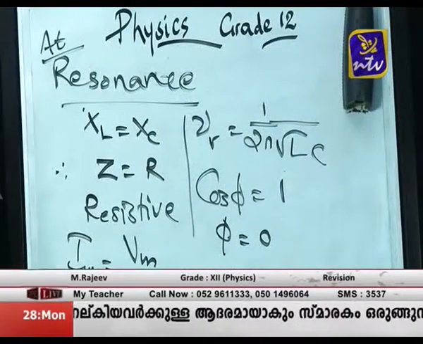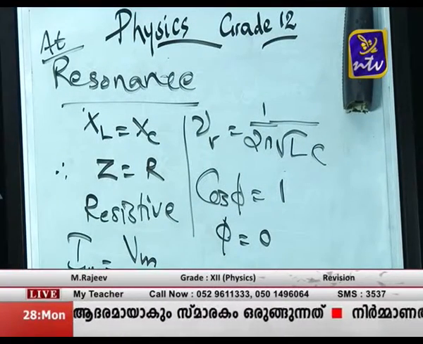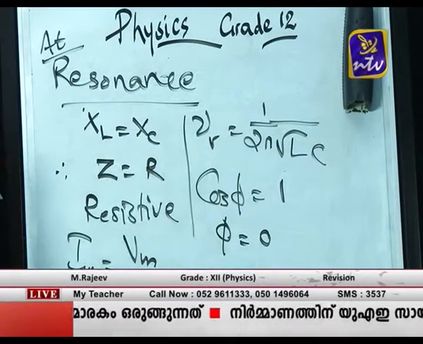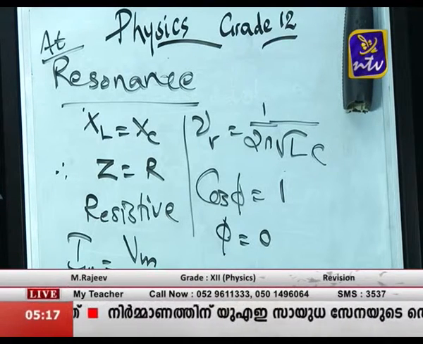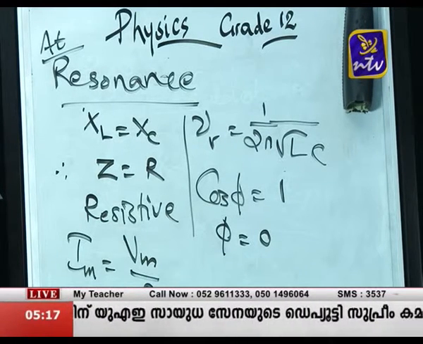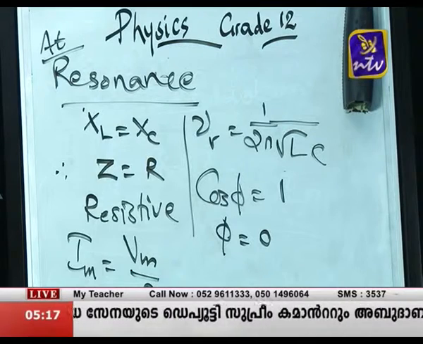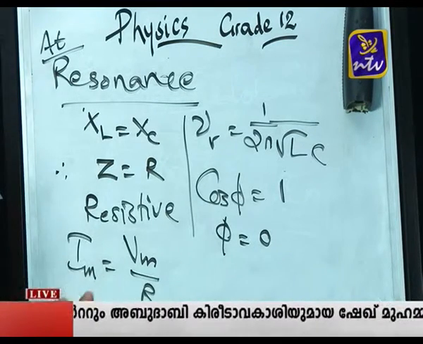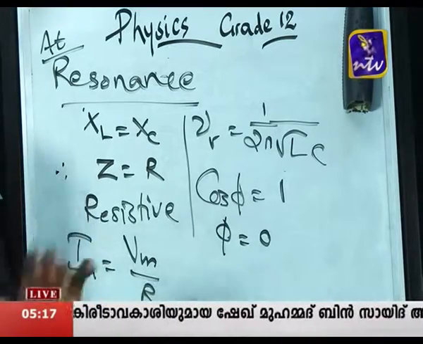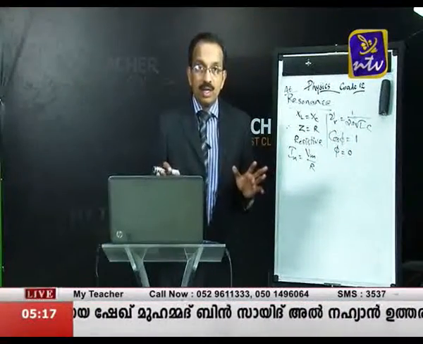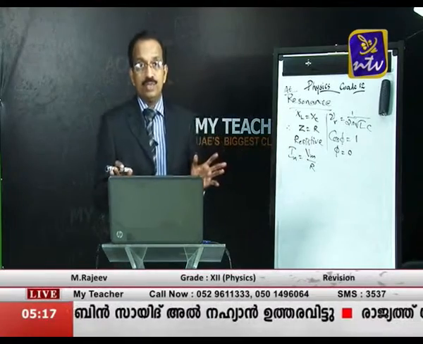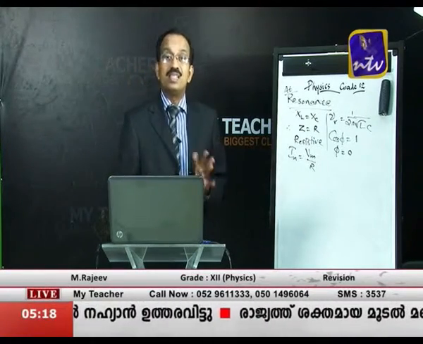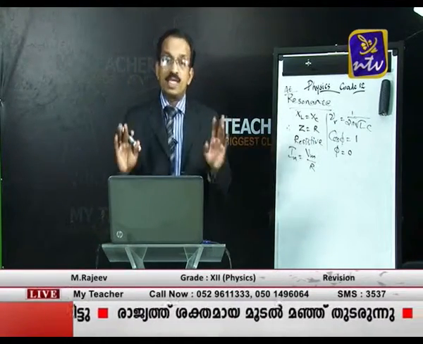The very important aspect to understand is, whenever the questions are related to an LCR circuit, you just check if the question mentions that the circuit is at resonance. If it is at resonance, to calculate current, you don't need XL and XC. Sometimes capacitance and inductance are all given, but you don't use those values. Just voltage divided by resistance gives the current, the normal way, like in the current electricity lesson we have studied.